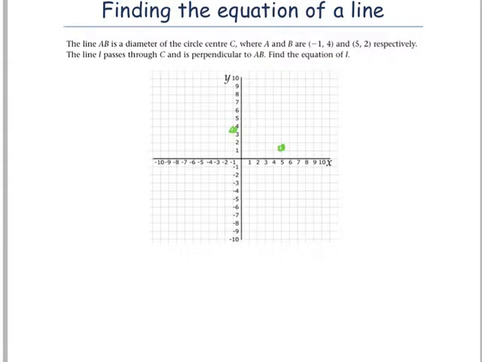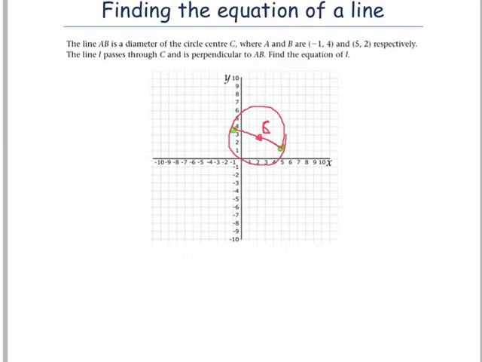So we've got a circle that goes around here, and these form the diameter of a circle. Now we're told that the line L passes through C, and C is the centre, so the centre must be somewhere around here.